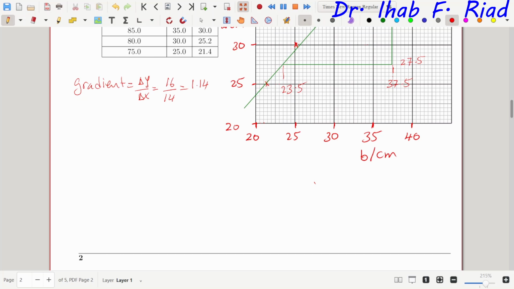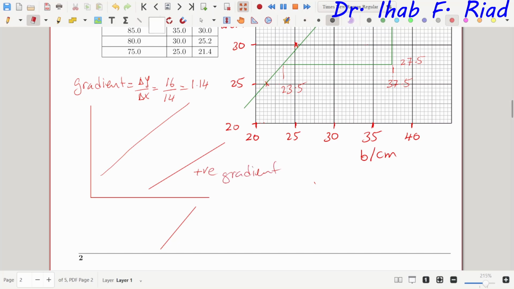If you have a graph plot which looks like this, or like this, or like this, these are all positive gradients.